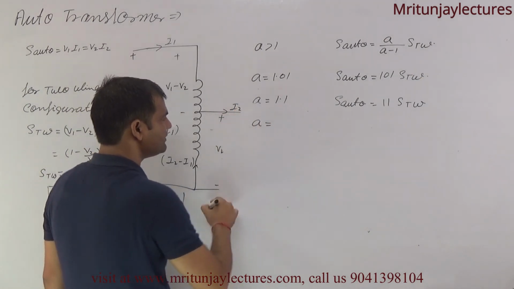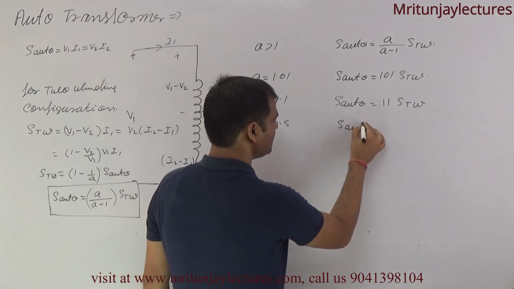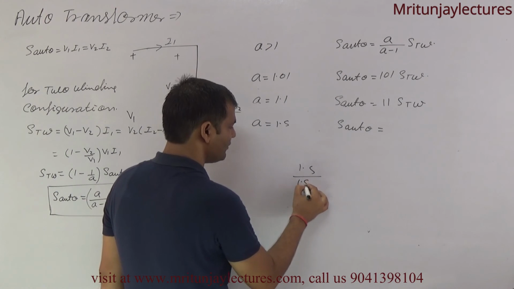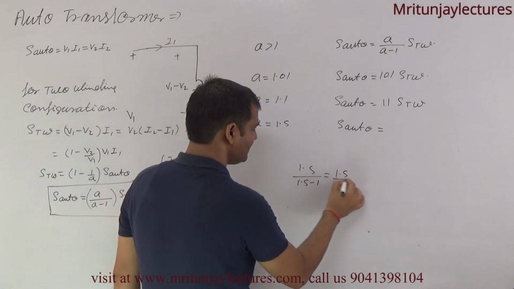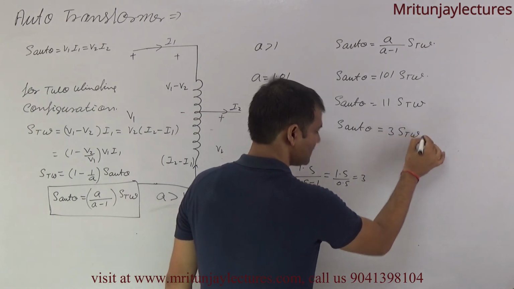If A is considered 1.5, what about S auto? 1.5 divided by 1.5 minus 1, that is 1.5 divided by 0.5, that is 3 times.